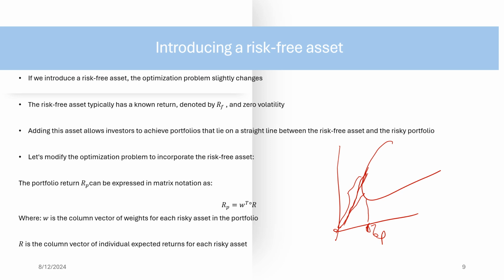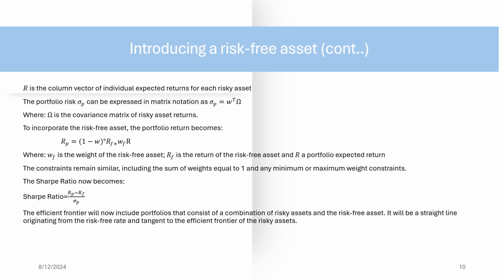So now this means we'll have to modify the optimization problem slightly. So remember, the return of the portfolio is expressed in the notation R_P equals a weight vector transpose dot R, or a dot product of the weight vector transpose and the returns. So R is the column vector of individual expected returns for each asset.